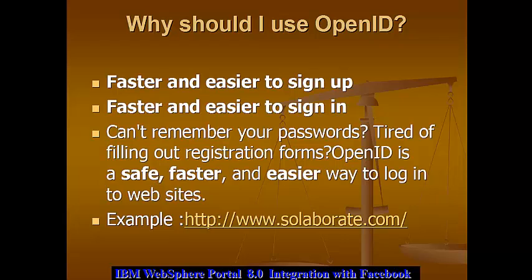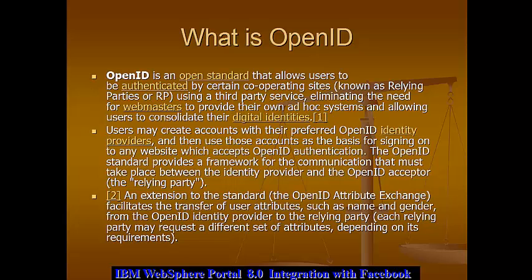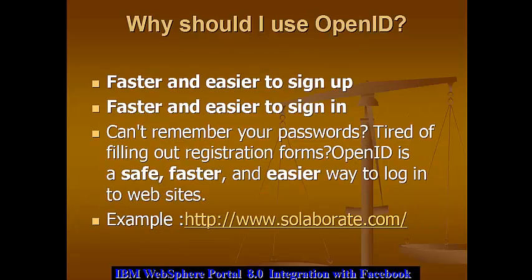These are the identity providers, and the websites which rely on these OpenID providers are known as relying parties. So in my case, my website is the relying party and the OpenID provider is Facebook.